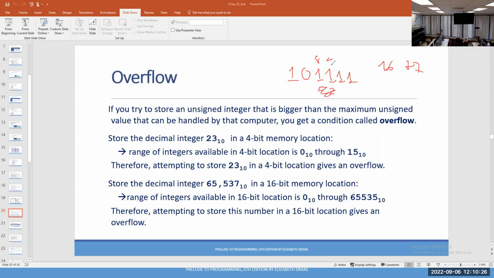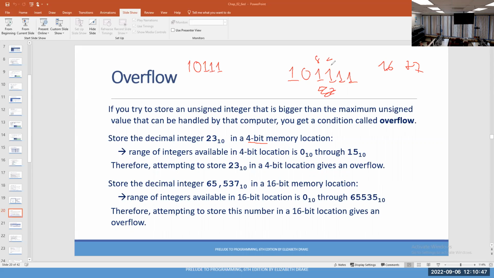Plus 7. Okay, so my mistake here. So we have 0. You have 0 here. You have 1 here. 16, right? So this one you see, you cannot store it in 4 bits.